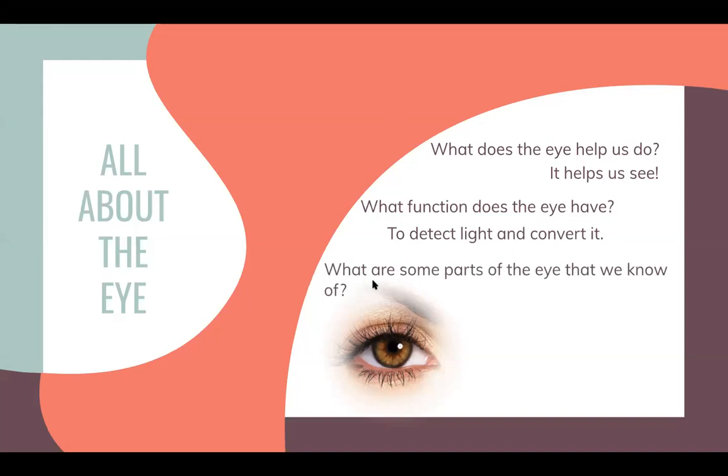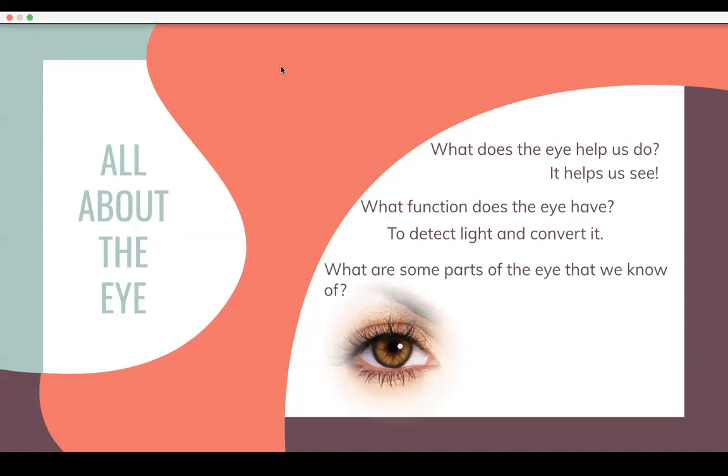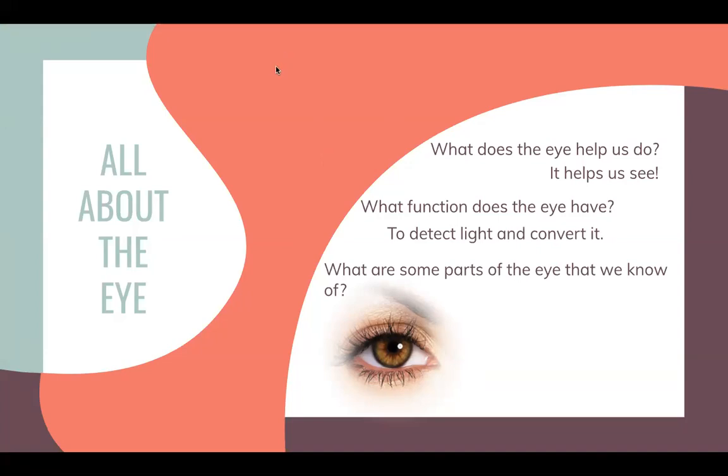Okay, what are some parts of the eye that we know of? So there's about, what, 5 of you guys in here? So if you could all drop one part of the eye and type it in the chat. So pupil, iris, retina, cornea. Yep, we're just missing one person. Yep, you guys are all correct. We're just missing Angela.